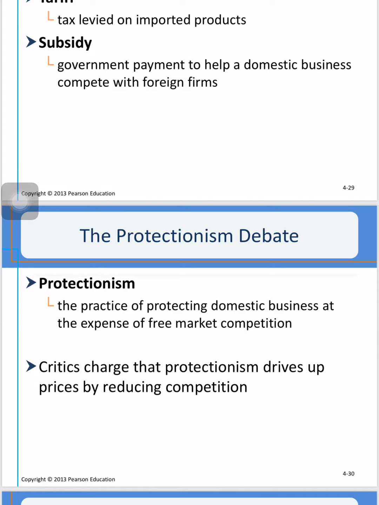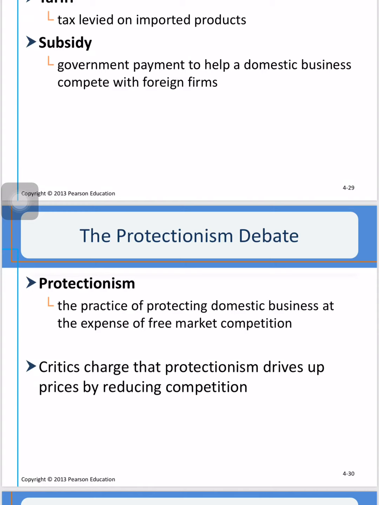Okay, protectionism is the practice of protecting domestic business at the expense of free market competition, and it is controversial. Its supporters argue that tariffs and quotas protect the domestic firm, while critics cite protectionism as a source of friction between nations.